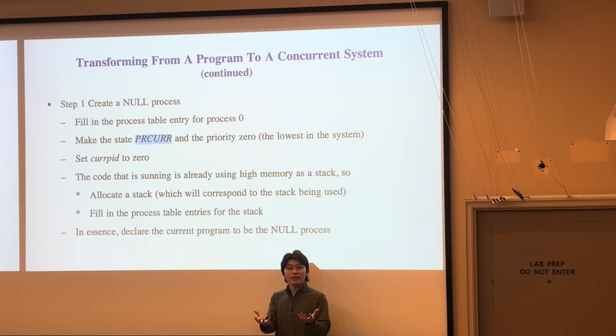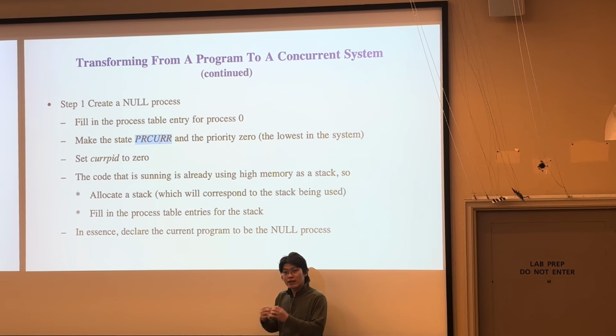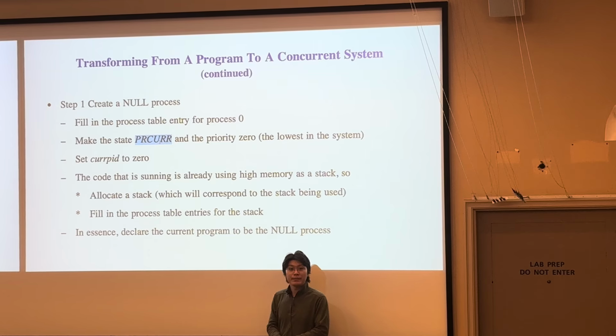It does not trigger anything. There's nothing in the process queue. There's no process in the ready queue. Even if you allow the timer interrupt to happen, there's no process to schedule. So there's really no concurrent execution of any program.